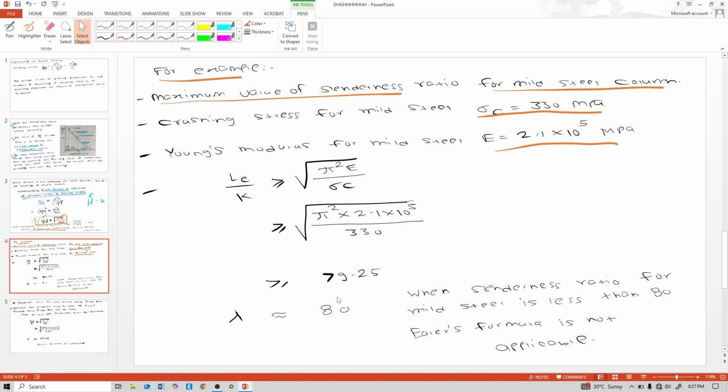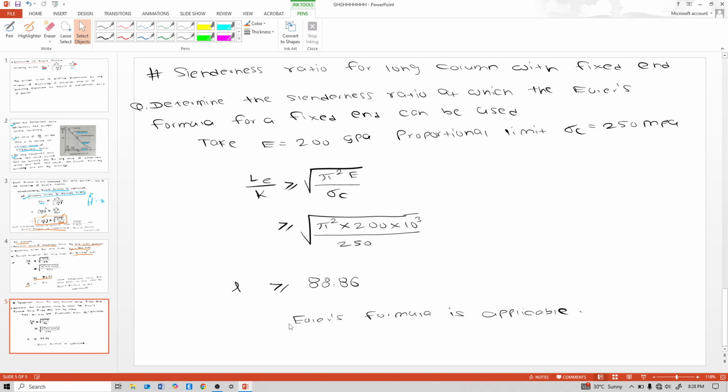So when the slenderness ratio is less than 80, Euler's formula is not applicable. If the slenderness ratio is greater than or equal to 80, then only Euler's formula is applicable. This is very important, understand this.